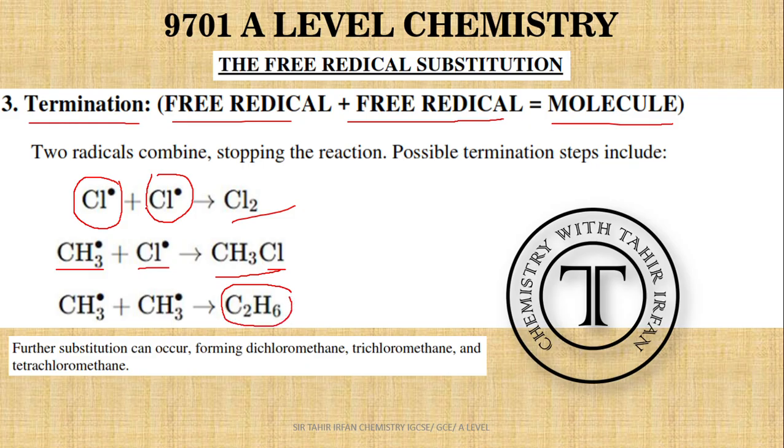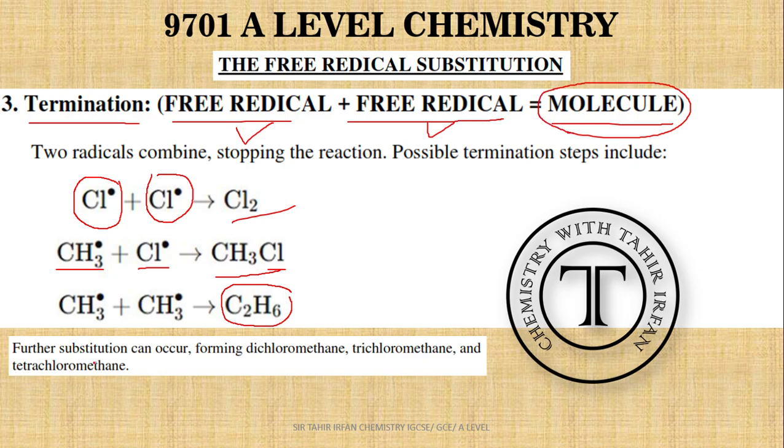So it means there is no hard and fast rule in termination. What we need to remember is that in termination there must be two free radicals combining to make a molecule.